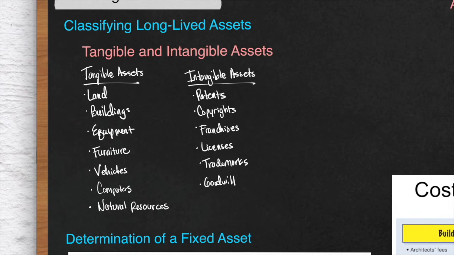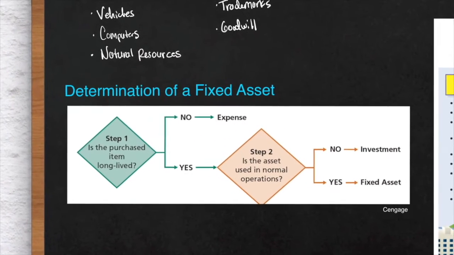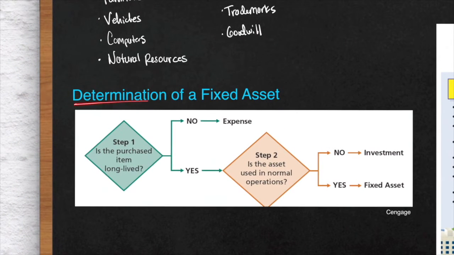So these are assets that you cannot touch, but they are still considered assets. In both cases, they are, again, long-lived assets, which are assets that benefit the company in the long term.